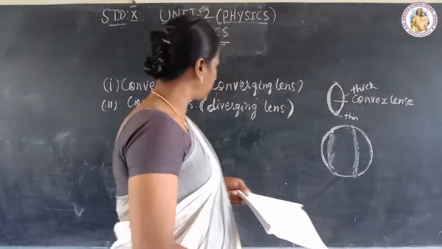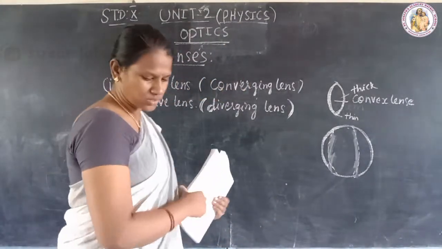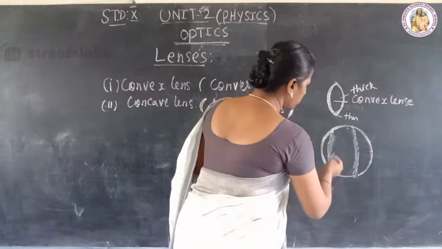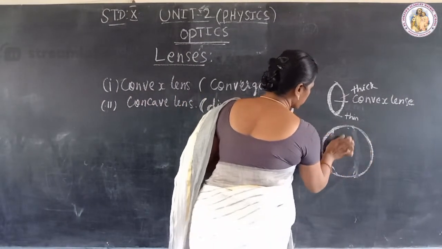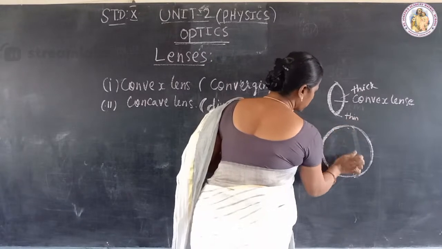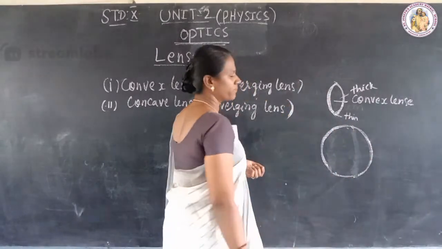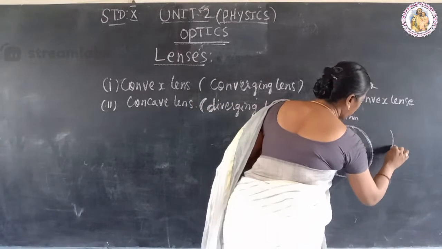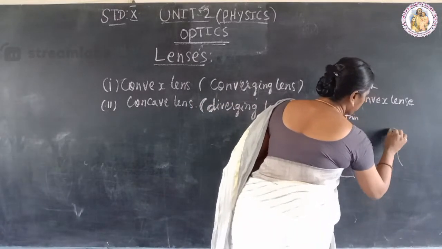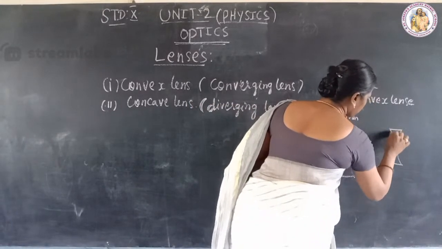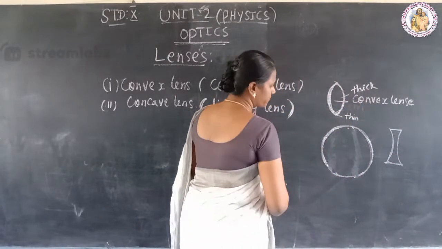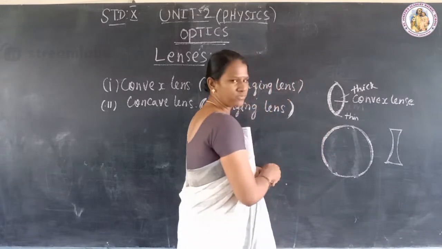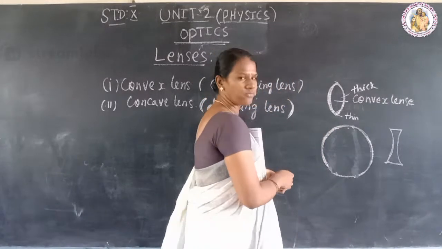So next we are going to learn the concave lens. How is the concave lens made? It is also made from the spherical mirror. Now I am using the same spherical mirror to make the convex lens. This time, the curved part of the spherical mirror is curved outward.